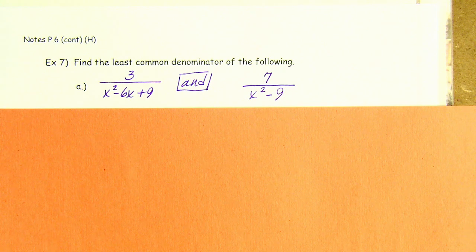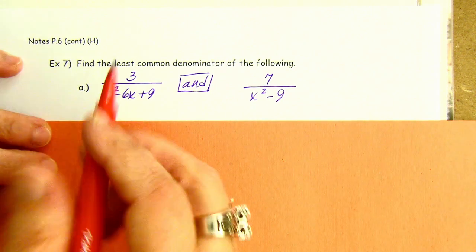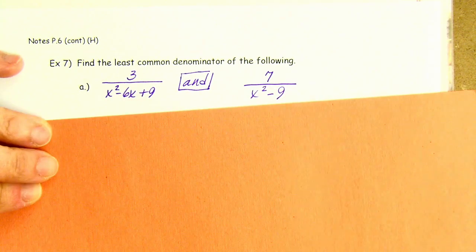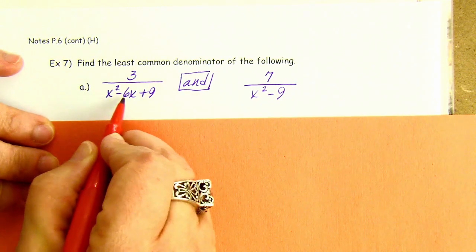Now, what you need to do is follow those directions on that previous note sheet. You have to factor each denominator completely. So what I like to do, to save myself a step and a little time, is to factor it right underneath. Okay, and so I'm like, oh, x squared subtract 6x plus 9.